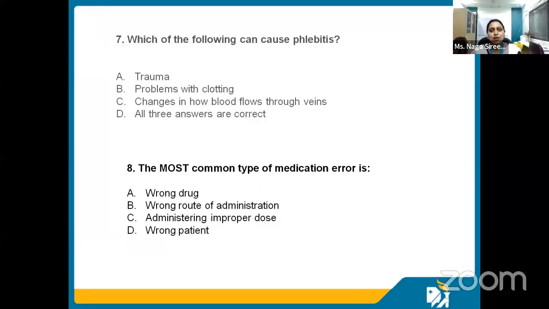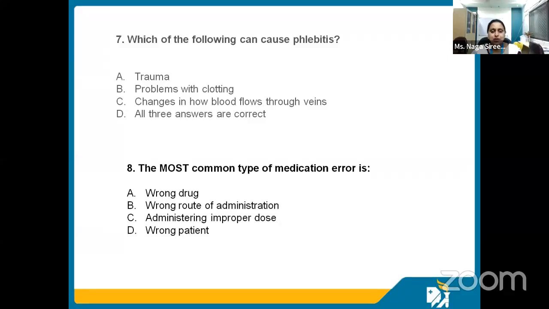Next one, which of the following can cause phlebitis? Trauma, problems with clotting, changes in how blood flows through veins. All three answers are correct. Yes, all are correct.